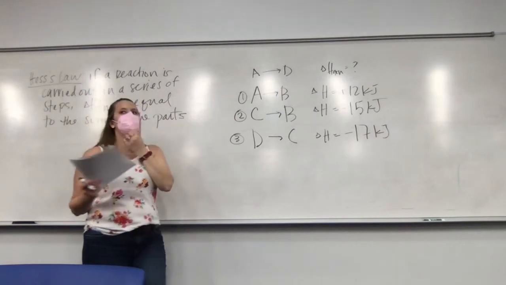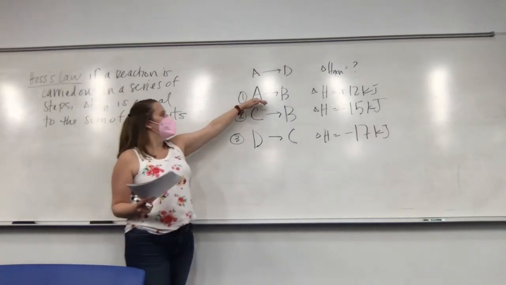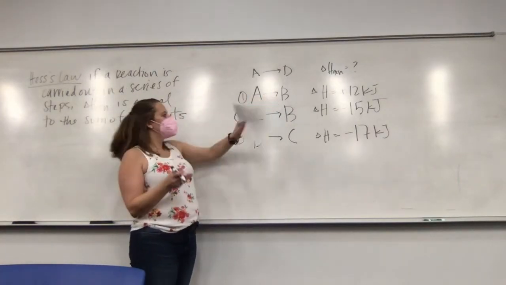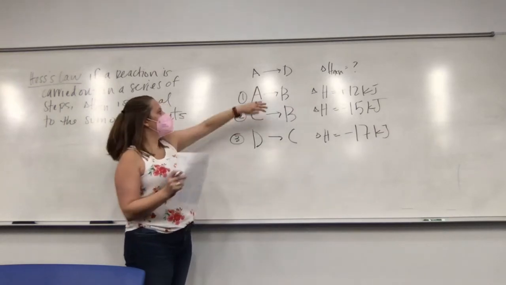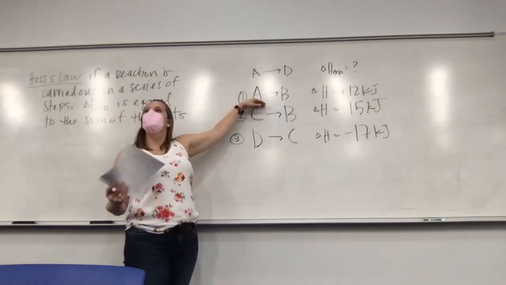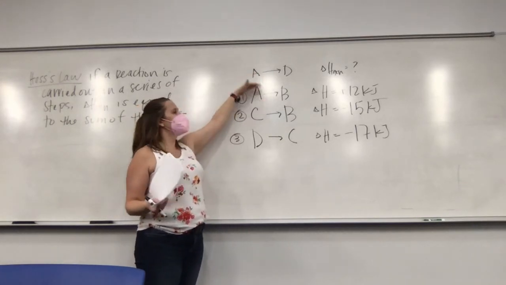So the reality is, when we look at this, there's two ways you can tackle each one. For each equation, look at it alone. Don't look at all three, just one. For this one, we want to ask ourselves, what does it look like for this equation? A is in the right place.